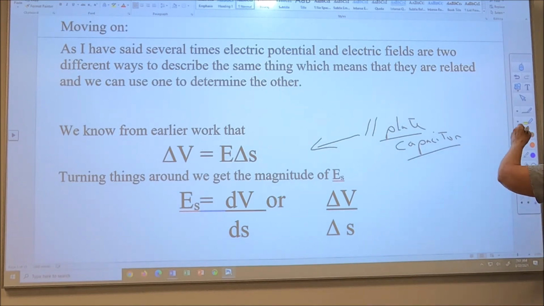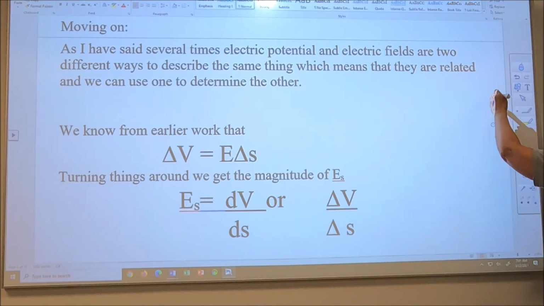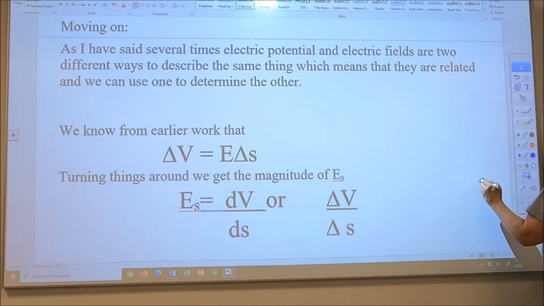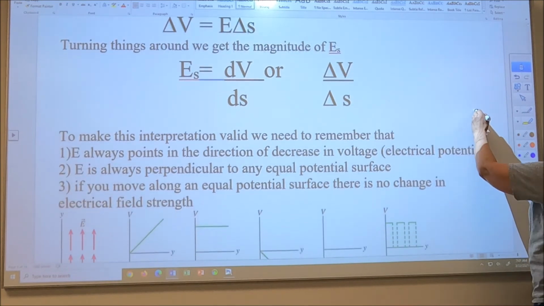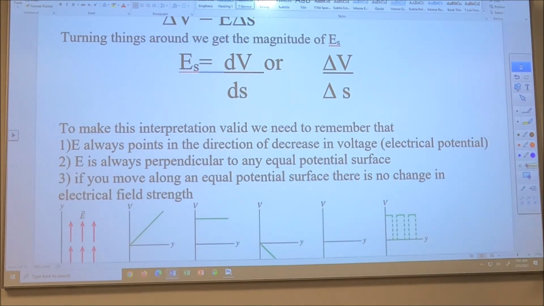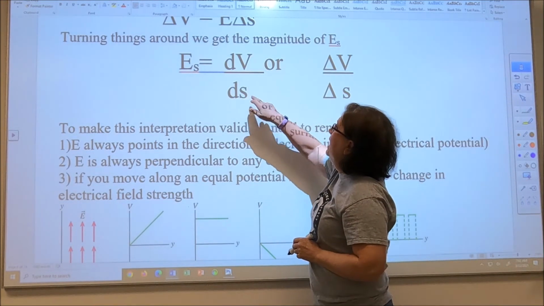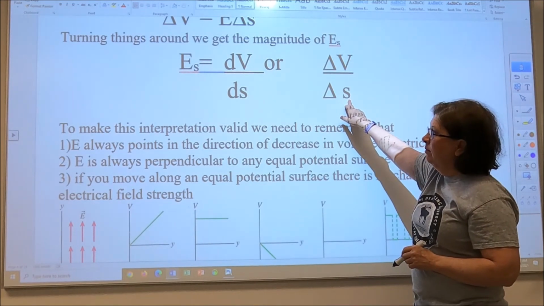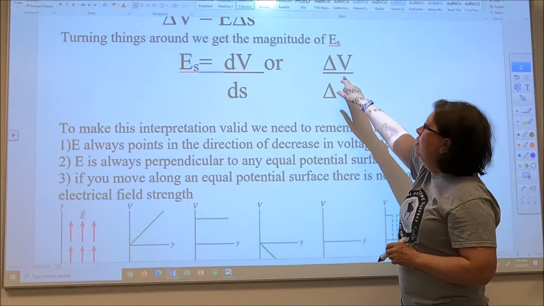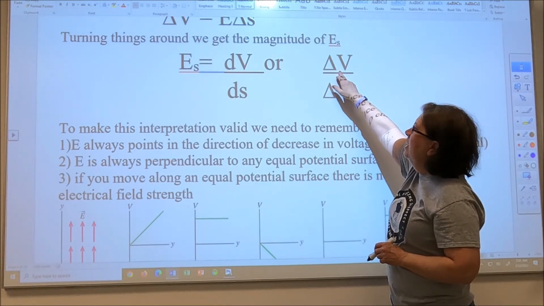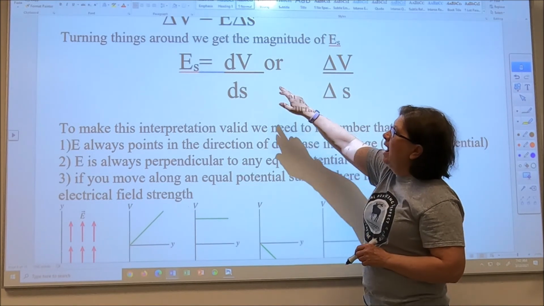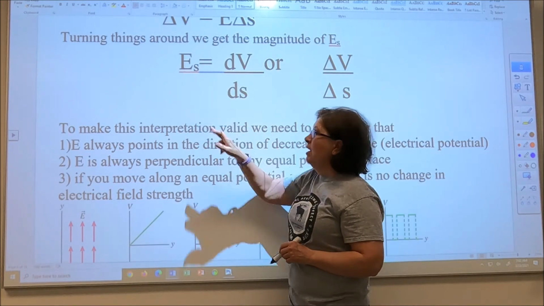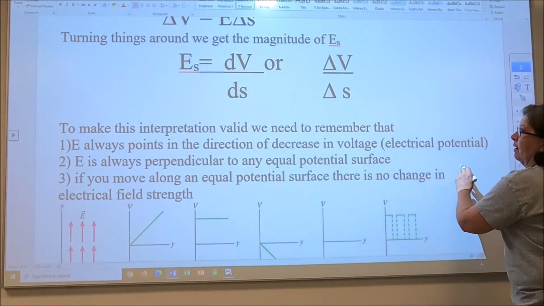Now, if we turn things around a little bit, we can say the magnitude of an electric field at a point in space is equal to dV/ds, or delta V over delta S if I'm dealing with a uniform electric field. So if I know something about the change in electrical potential, I can learn something about the electric field.